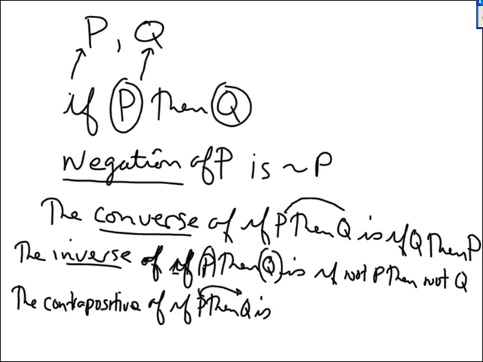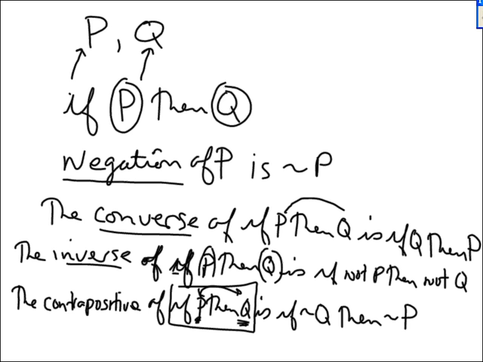And like always, we have to think about it. So let me write it down cleanly. If not Q, then not P. Well, we know the original statement was given. That is, this statement is true. If P is true, then I guarantee you that Q is true.